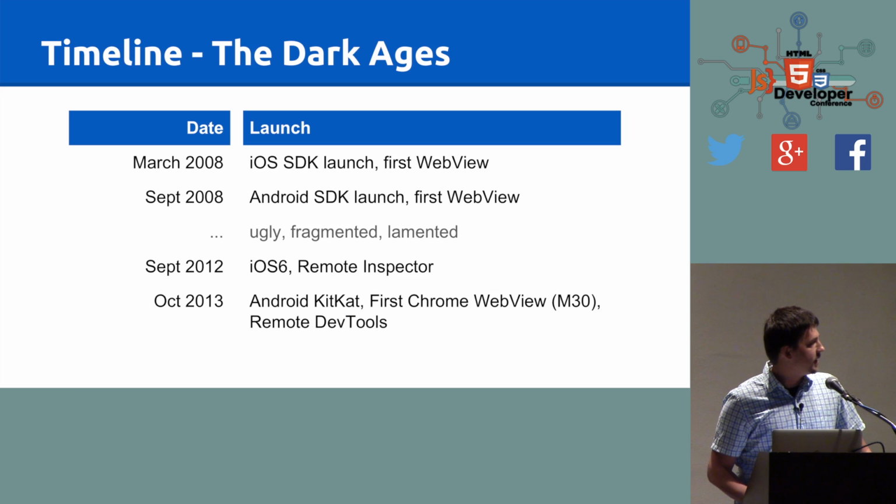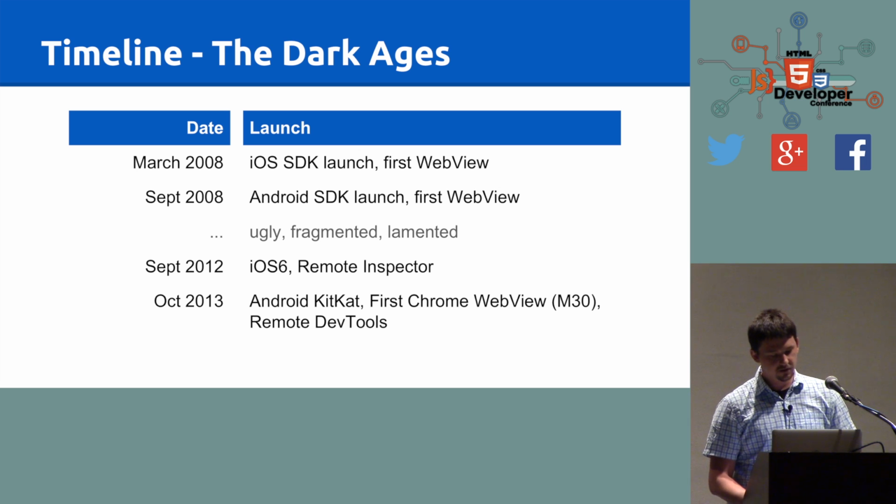So this is a timeline of what it meant to be a WebView-based application, hybrid application, starting from the very beginning. So 2008, for about 4 years, it was utter chaos. The first WebViews on iOS and Android were just these ugly black boxes. It wasn't until 2012 that iOS 6 launched that gave us the first really awesome WebView, I think.